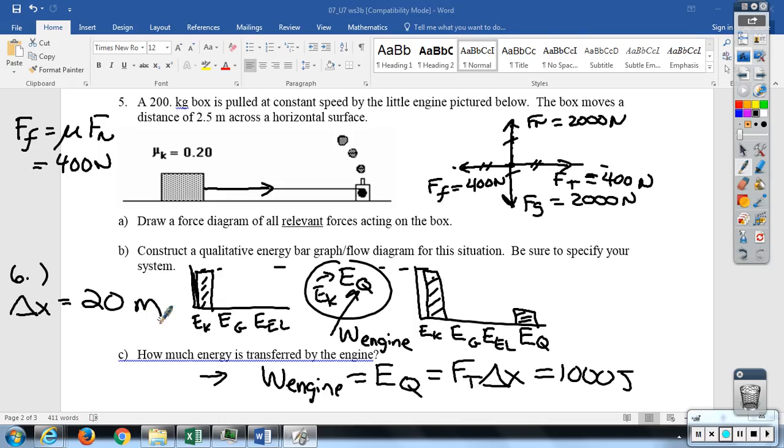So if this box is able to move 20 meters across the floor, that means that the engine would have used up 8,000 joules worth of energy. All right, and that is a wrap for worksheet 3B.